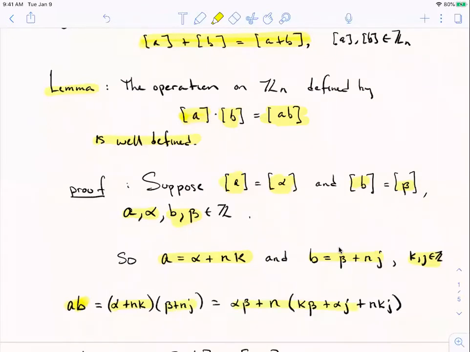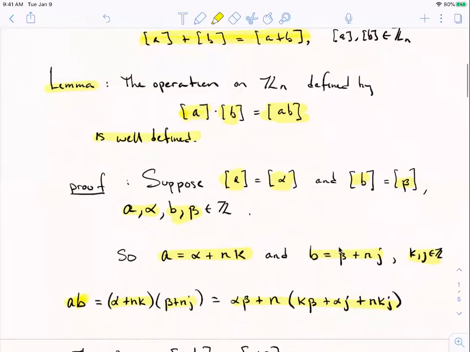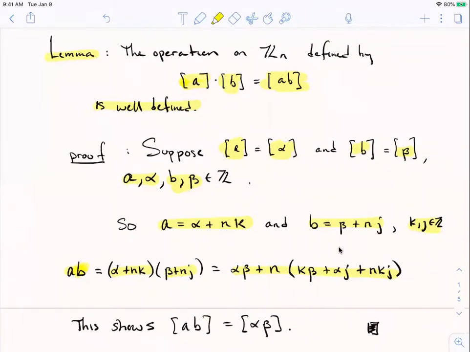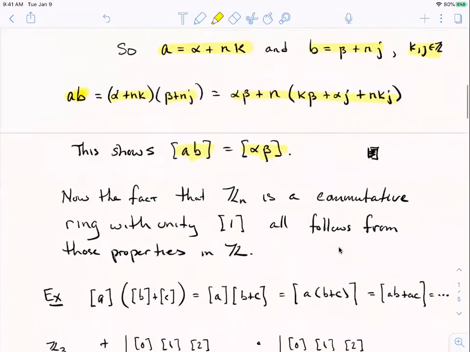I did a little algebra here; you can pause the video and check it. All but one of those terms has a factor of n in it, so I factored it out. That precisely shows that the class containing AB is the class containing alpha beta, because AB minus alpha beta is a multiple of n. So the operation of coset multiplication mod n is well defined.